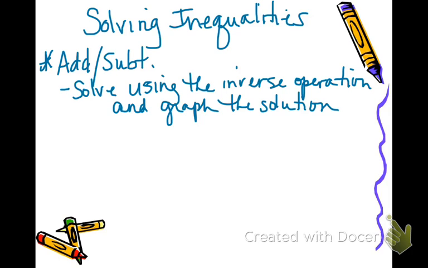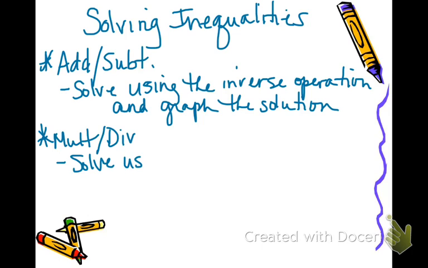However, if you're working with a multiplication and a division problem using inverse operations, we'll still use the inverse operation.